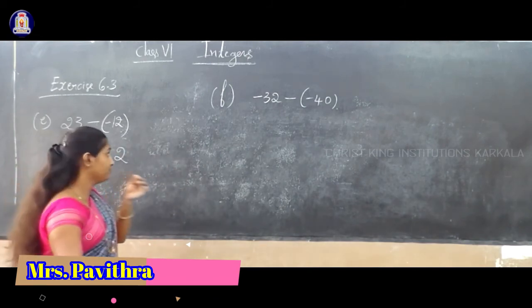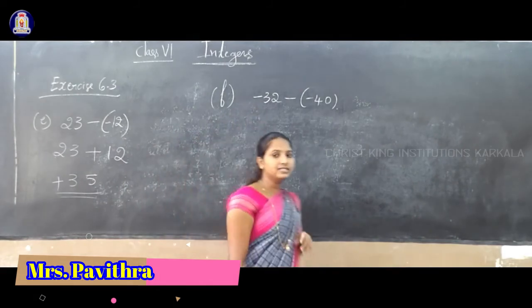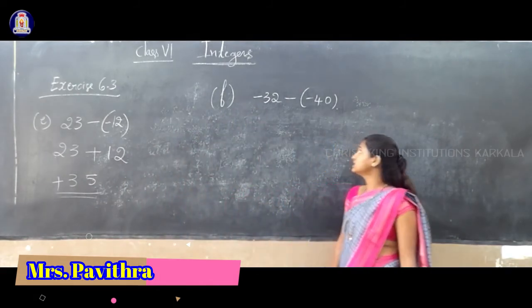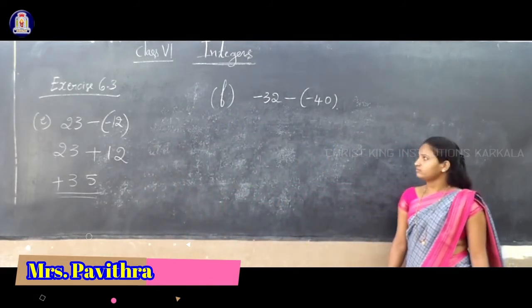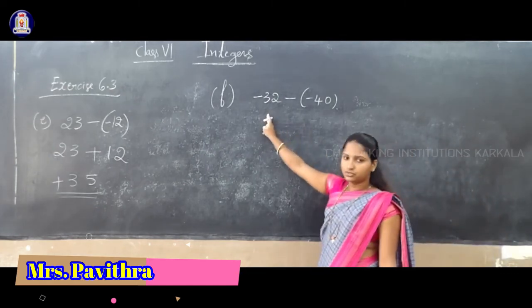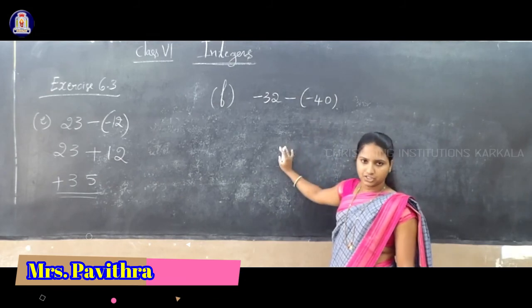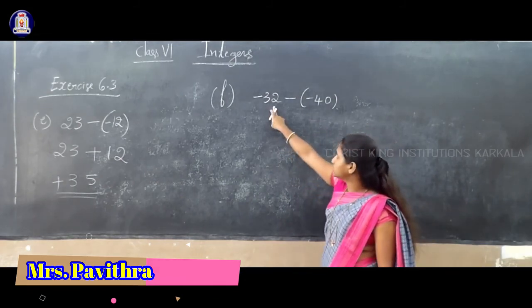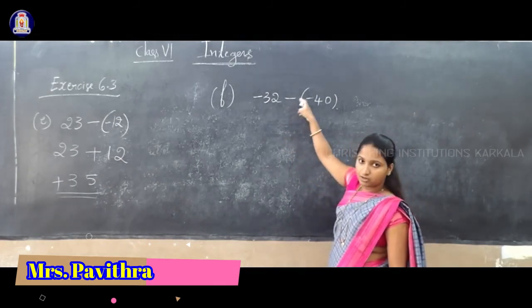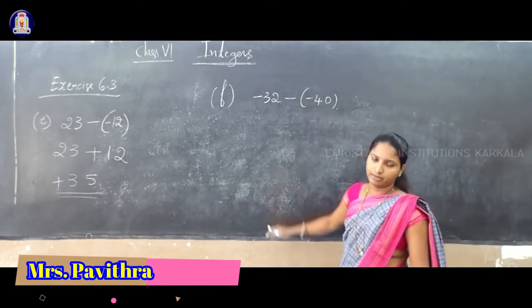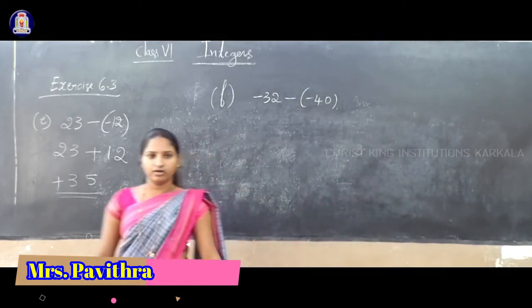The last question is the F question here. Minus 32 and minus of minus 40. How to read? Minus 32 minus of minus 40. Of means multiplication, into. Okay? Minus of minus 40. Clear?